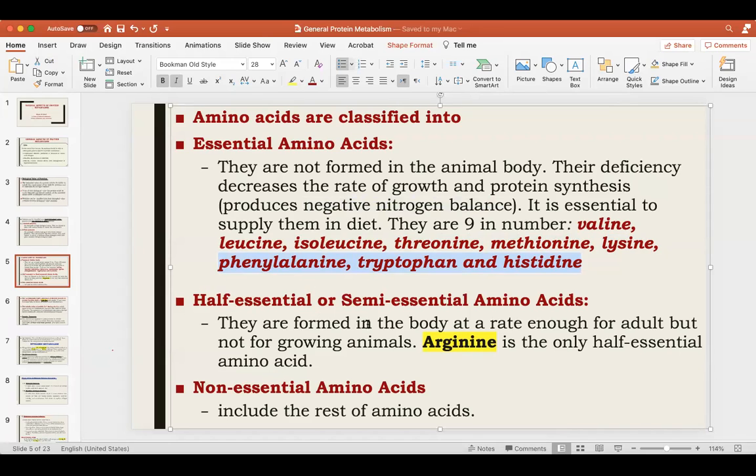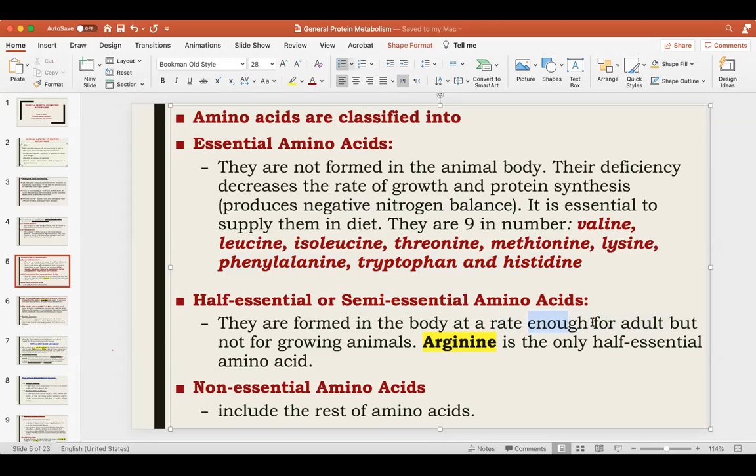What is a half essential or semi-essential? Semi-essential amino acids are formed inside our body. They are synthesized, but the amount which is synthesized is enough for adults, but not enough for the growing children. The rate means the speed of synthesis, the amount of synthesized amino acids, or the concentration of the amino acids which are formed in our body is small.